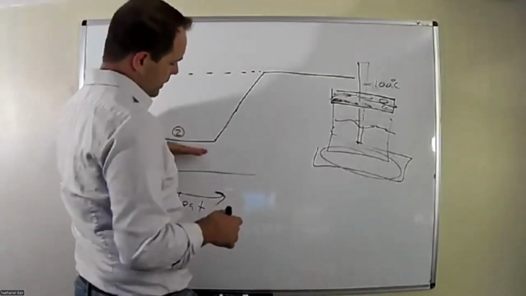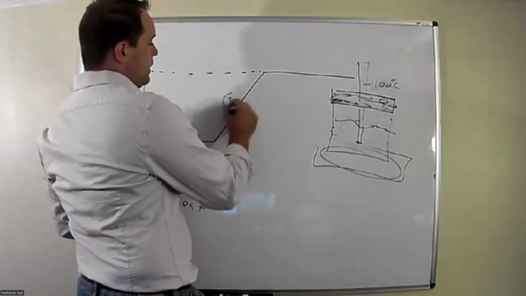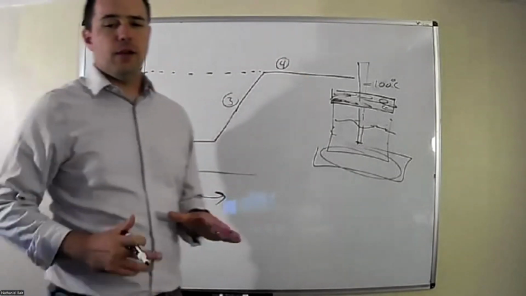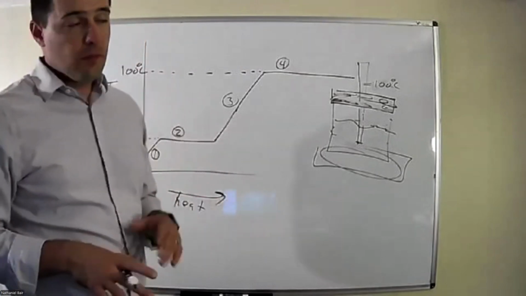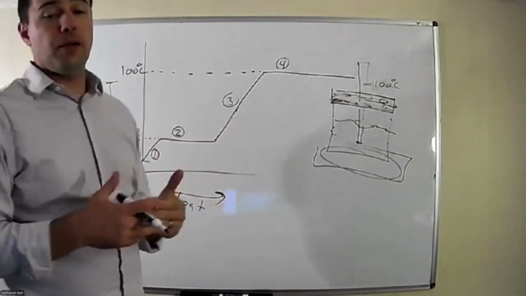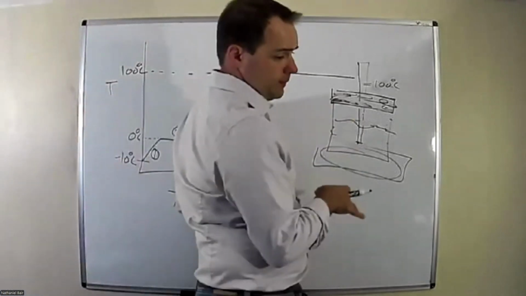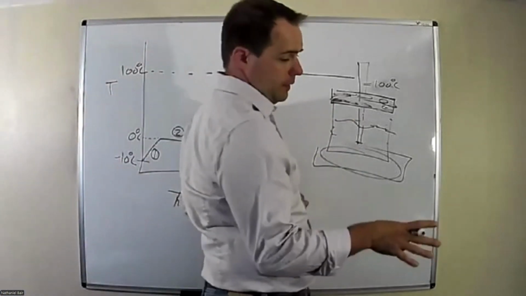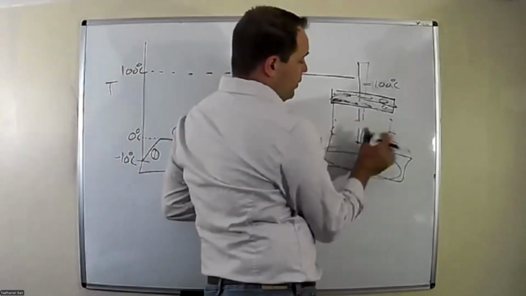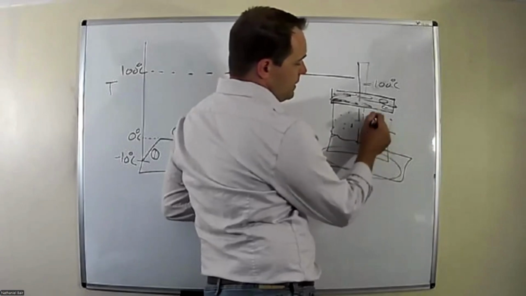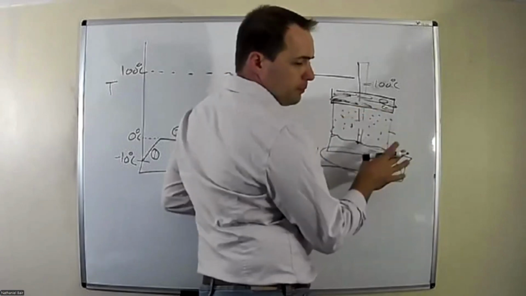Where you heat the solid, melt the solid, heat the liquid, boil the liquid. But if you wanted to get to steam that is hotter than 100 degrees Celsius, you'd have to put a lid on this, seal it up, and boil this water and turn it into steam and keep the steam in the container.